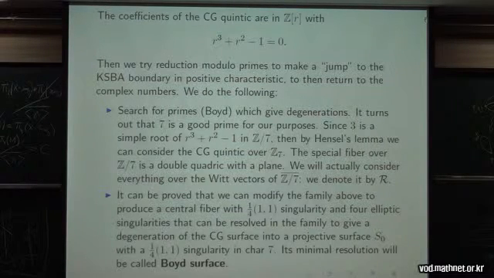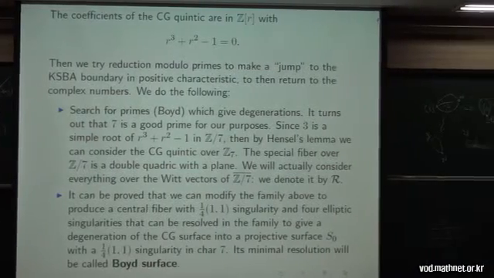Okay, let me start to explain, and write down the situation. Actually, at the end we will be working not over the 7-adics, but over the Witt vectors of the algebraic closure of that, and this is going to be my R, Spec R. And at the beginning, in characteristic 0, we have this quintic, the Craighero-Gattazzo quintic.